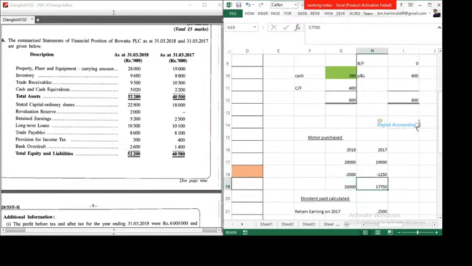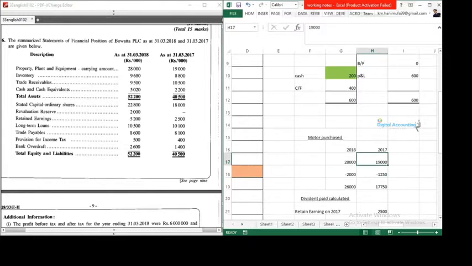But it should be based on 2017, which is 19,000 rupees. This is the 2017 ending value, which means it is the 2018 initial value, the beginning-of-year value for 2018.